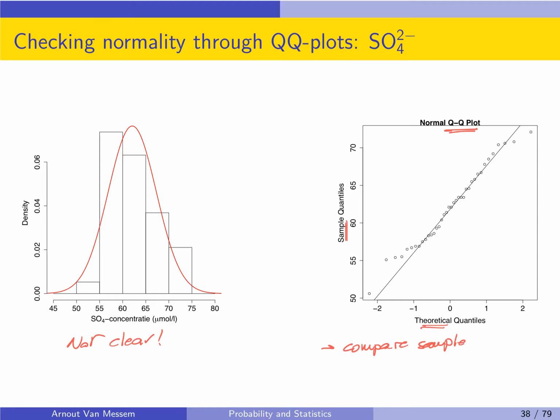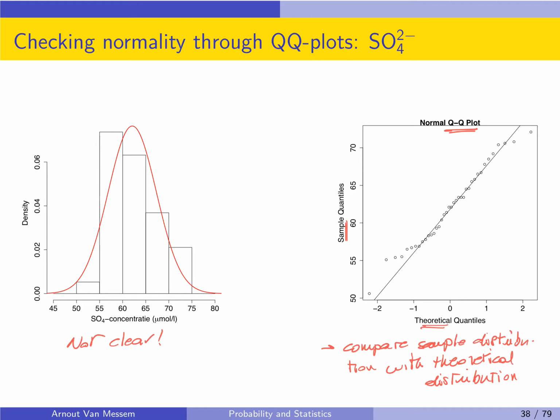So on the x-axis are the theoretical quantiles of the distribution that you are looking at. In the case of a normal distribution, these will always be the quantiles for a standard normal distribution. On the y-axis are the sample quantiles, so the quantiles that you calculate from your sample, so the values that you find in the sample in such a way that a certain percent of the data is below that value. And so you will be comparing your sample quantiles with your theoretical quantiles.